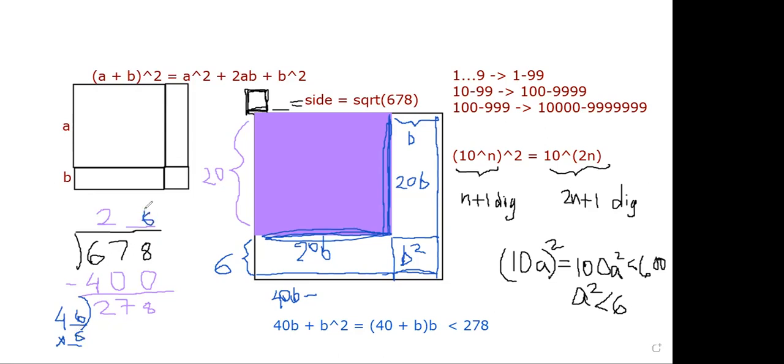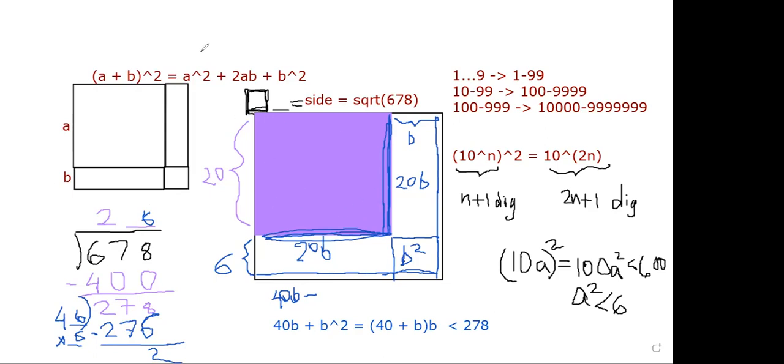Let's see what we got. 6 times 6 is 36. That's pretty good. We are just left with 2, so that's a very, very close thing.